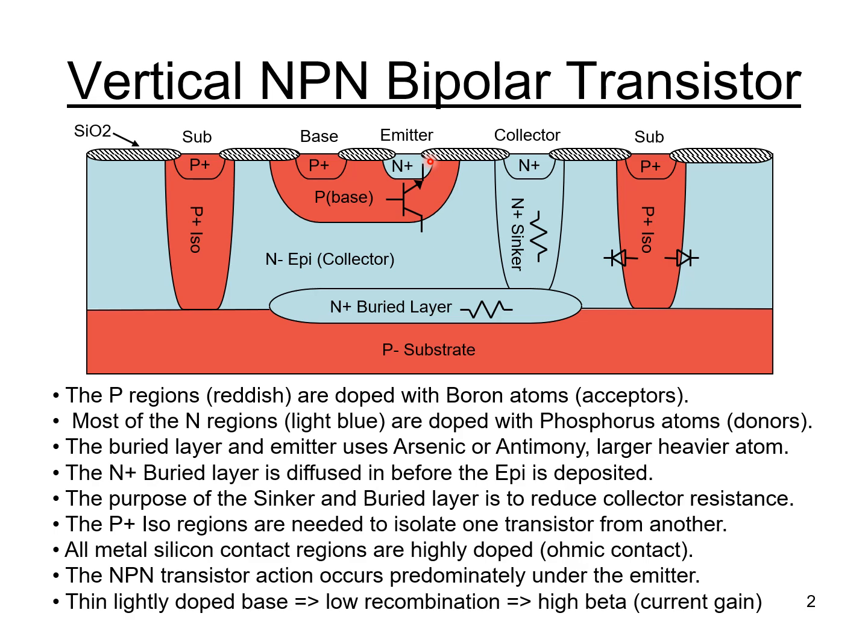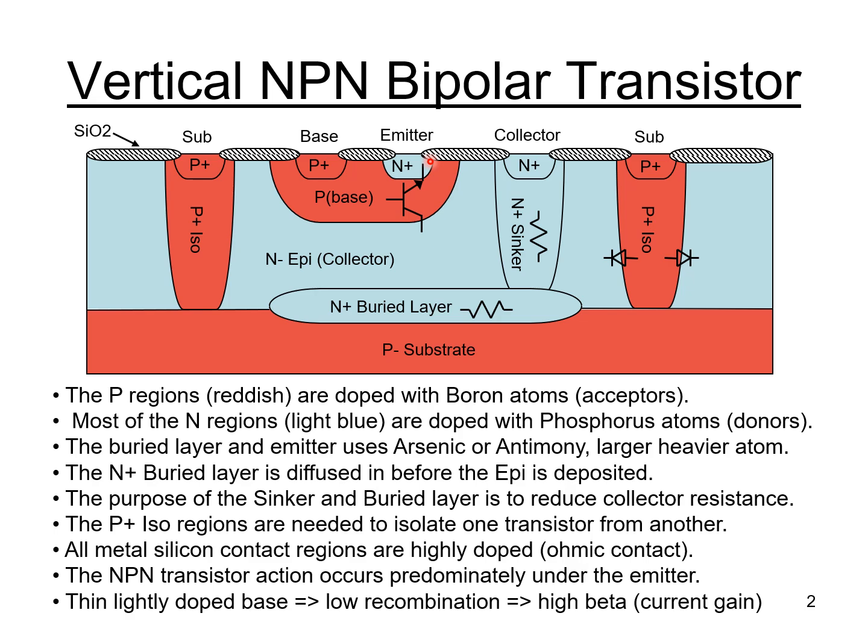The reason for that is arsenic and antimony are larger and heavier than phosphorus, and they diffuse slower. And when we get to the lecture on semiconductor processing, you'll see why you might want the emitter and the buried layer to diffuse slower than the rest of the N doping that you're putting in.